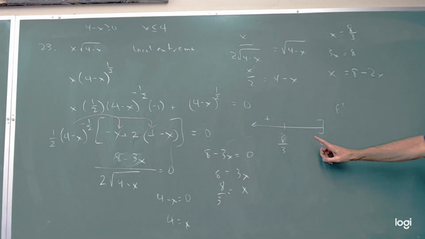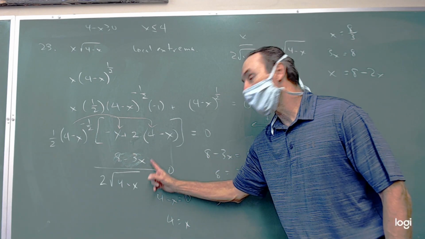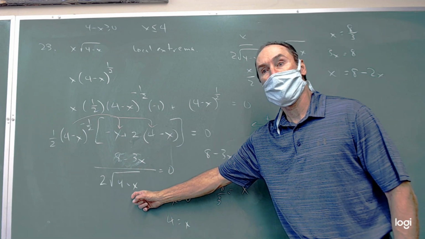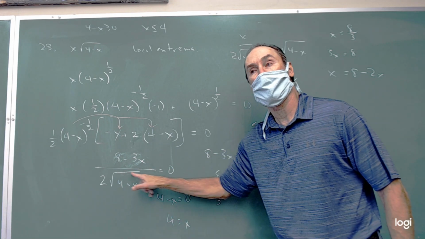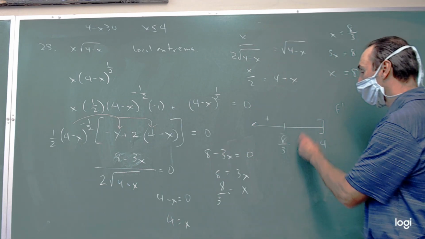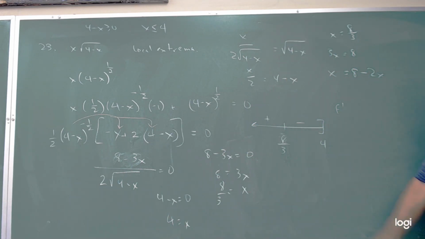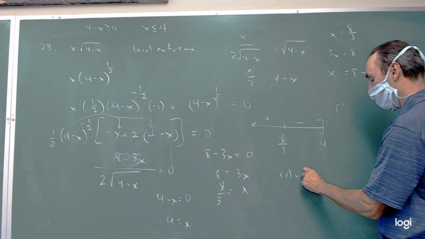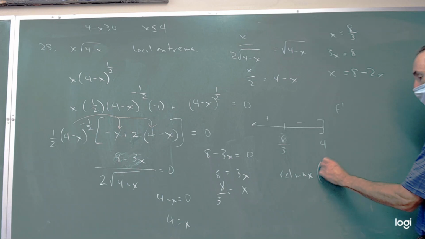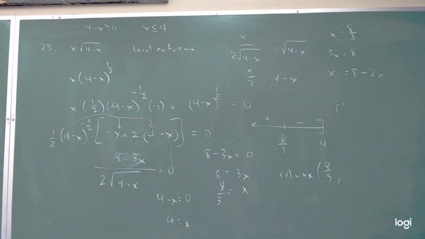And if we plug in something like, say, 3 here, now this is going to become a negative, but this is always positive because we can't get a negative out of a square root. So positive over negative will be negative, so we're going to get a relative maximum at 8/3.